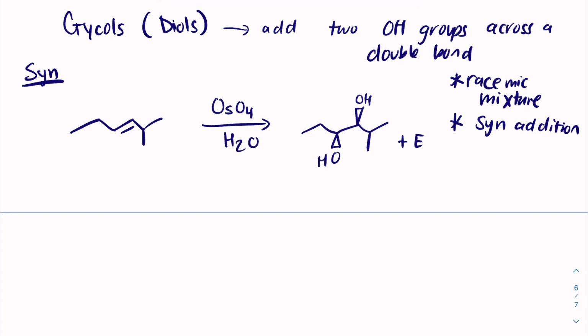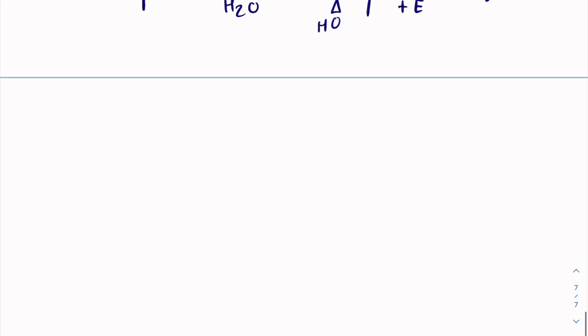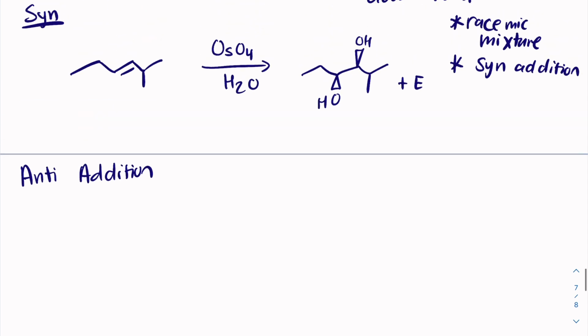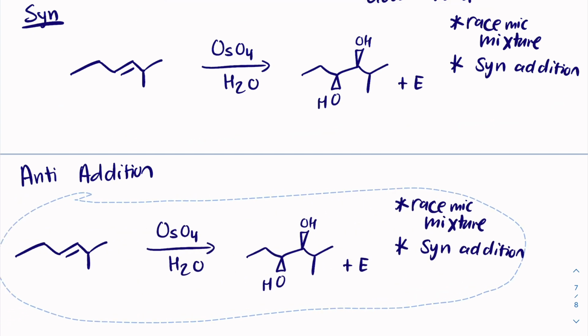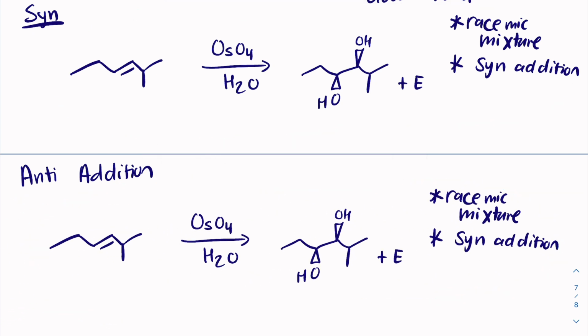And then our very, very last one is going to be anti-addition. And so what I'm going to do is copy this. And some things are going to change. We're going to get new reactants.